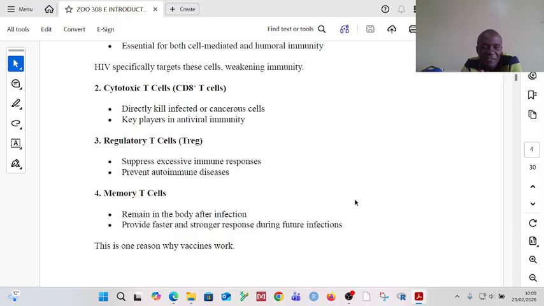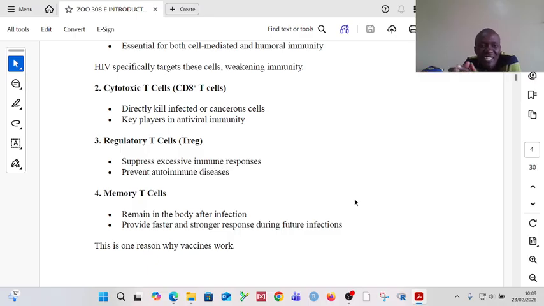After that infection, not all those T cells will be destroyed. There are some T cells that will remain inside your body. The importance of that is, in case there is a similar attack in the future, those memory T cells which were retained in your body will help in providing not only a response which is faster but stronger.